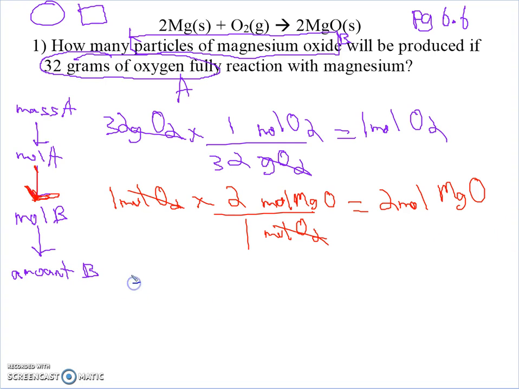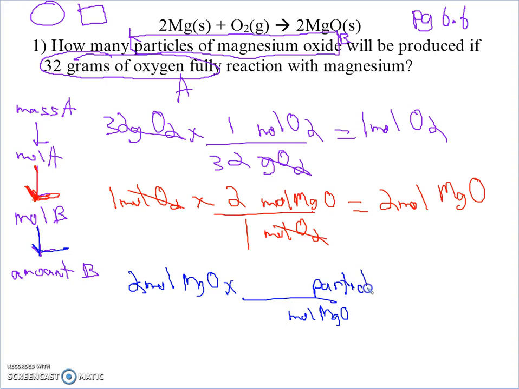Alright, so now we're going to bring that down and do our last conversion. So we do 2 moles of MgO. Go ahead and pause, do your conversion. Once you're done, unpause the video. Alright, so moles of MgO, put on the bottom to cancel out. We're looking for amount, which would be particles of MgO, because it says how many particles up here.